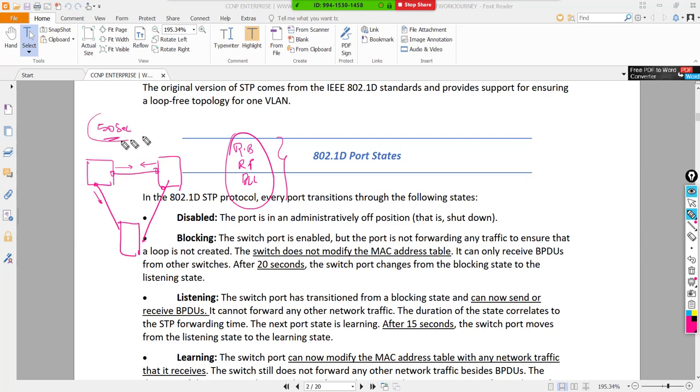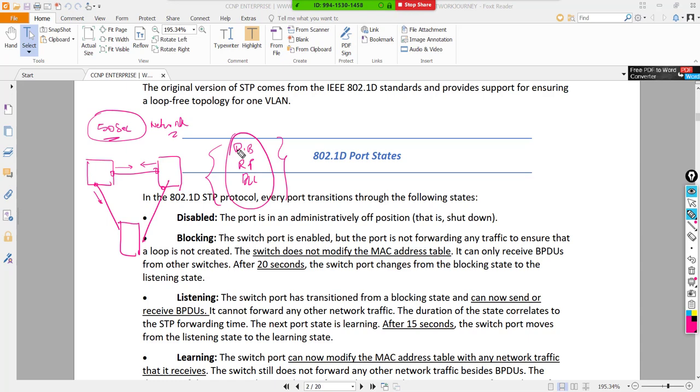Now that is a drawback in your network design. The reason is, let's say you connect the switches but it takes 50 seconds every time to go through these steps to decide who is root bridge, who is root port. It is taking 50 seconds. Now that is not a good thing in an STP environment. That is why later on we had RSTP, PVST coming in.